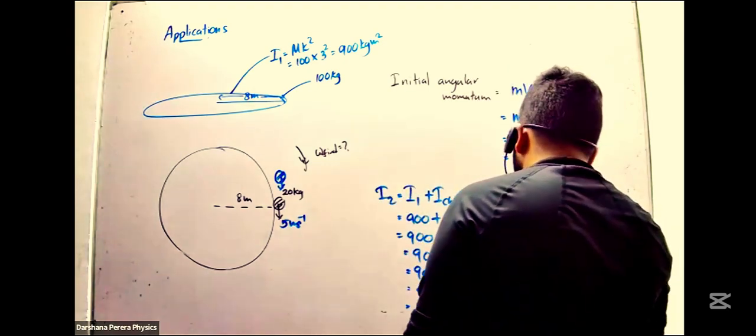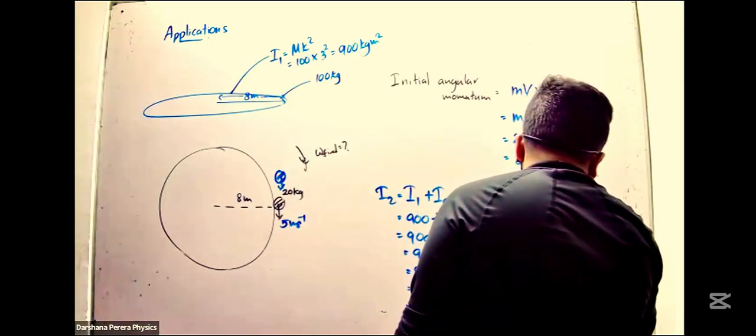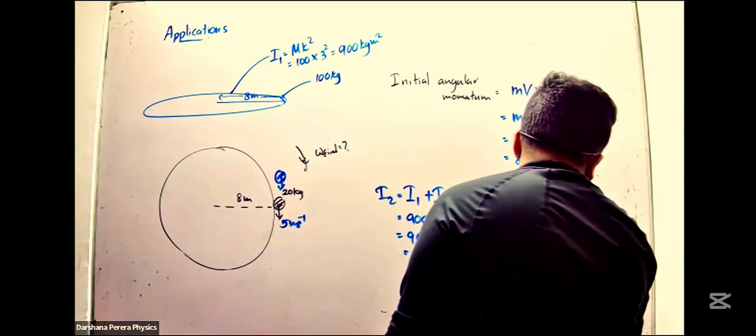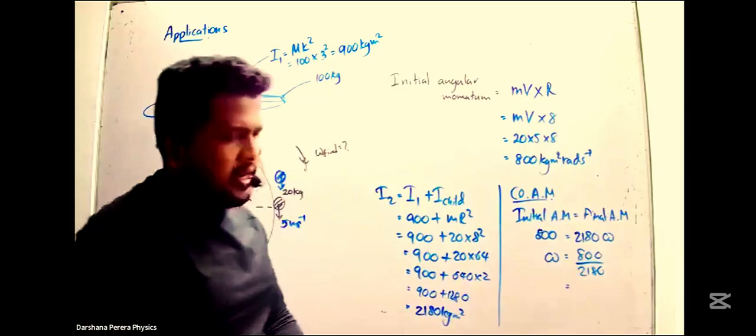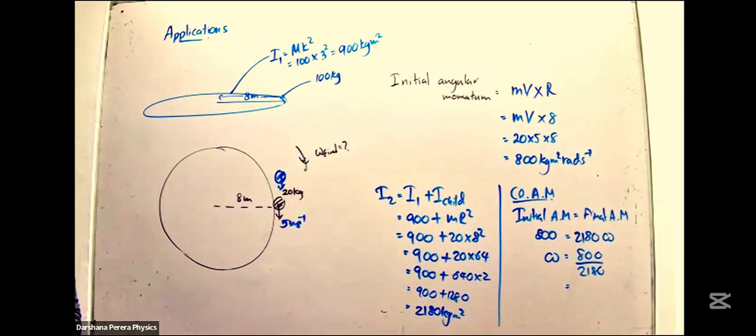The final angular momentum is I omega, where omega is omega final. Omega is 800 over I. Let's take this one. 0.367.